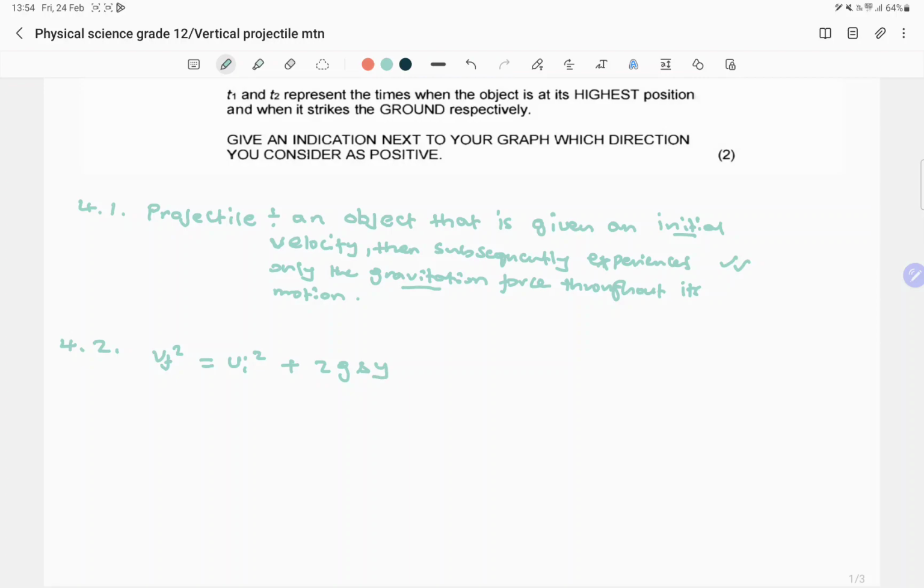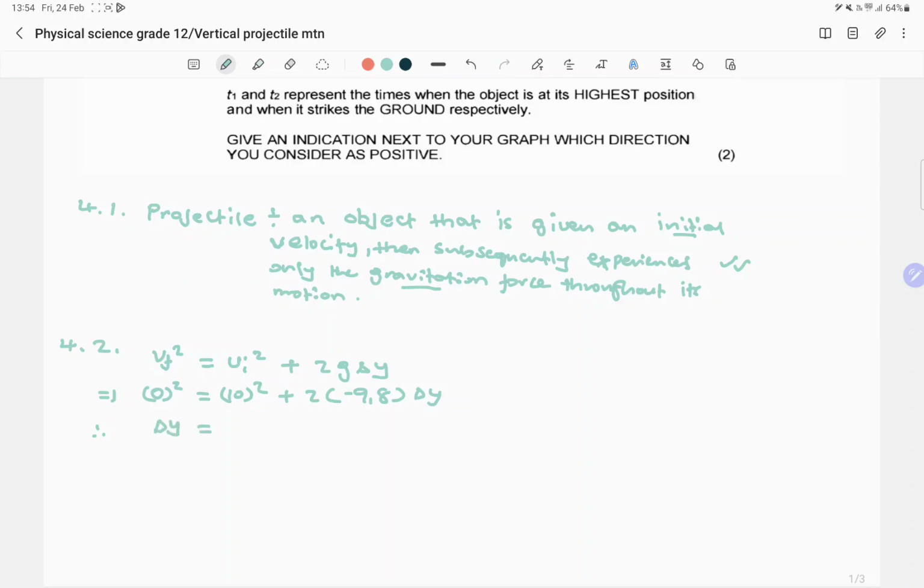Yeah, because we want delta y. So this implies the final velocity, we know that at the maximum height it's 0 squared. The initial was 10. This is 2 into minus 9,8. And then delta y.